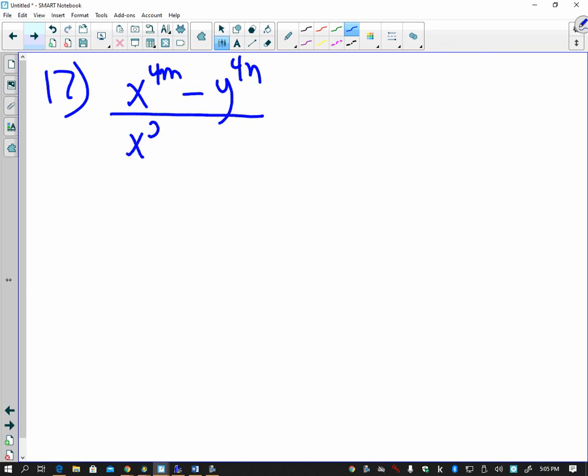Okay, x^(2m)... This is another one that was originally marked off. y^(2n). All right, give me a second here. It says simplify by factoring the numerator. Okay, give me a second to pause.